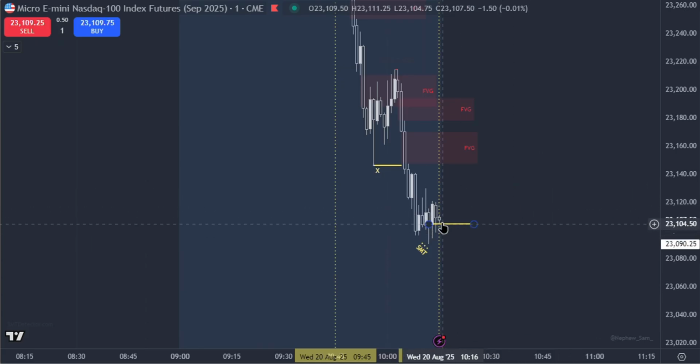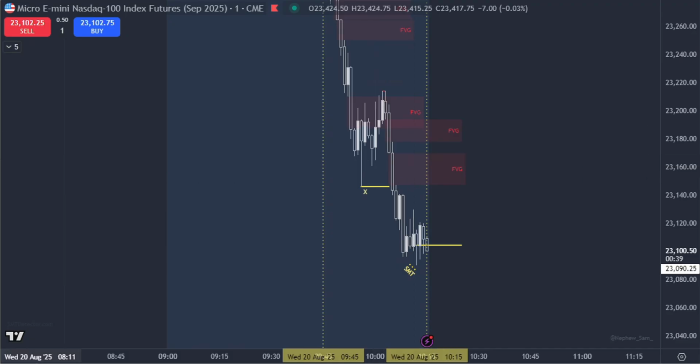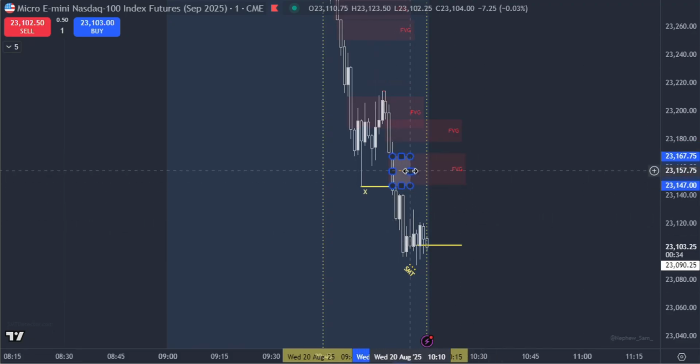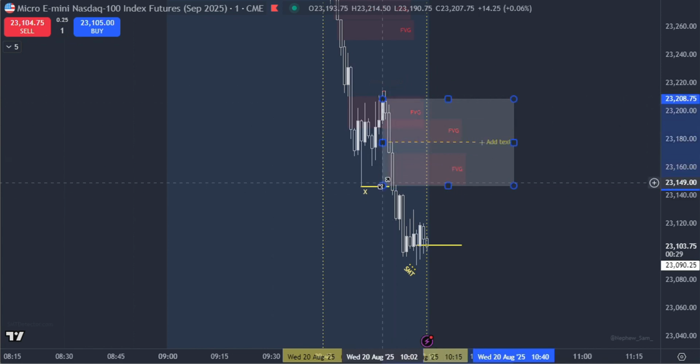And then something that you can do, to be very, very safe: one, we want to close above this order block here, right? If we close above this order block, then if you want to enter here, you can. If we start disrespecting this inverse fair value gap, that's a good entry. Another one is above here. This is a breaker.